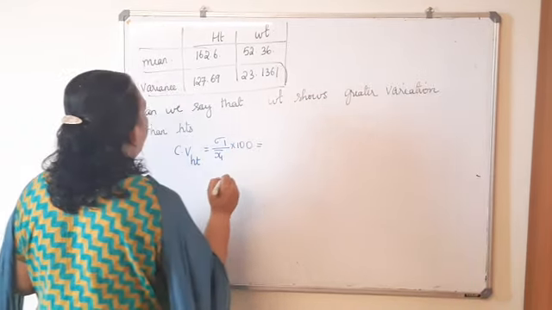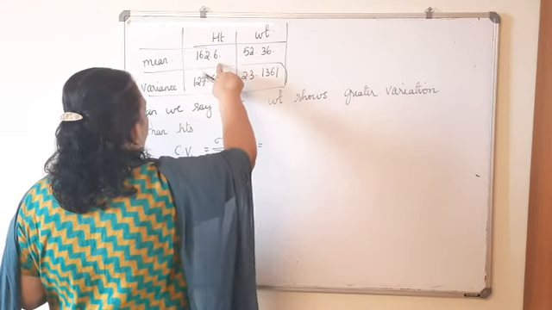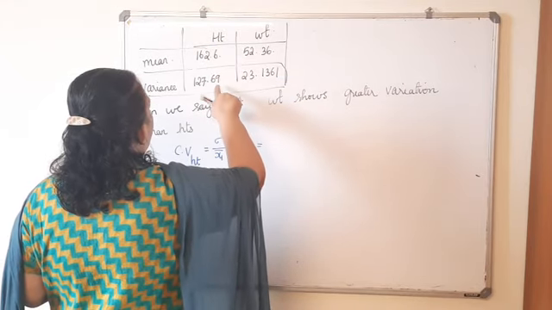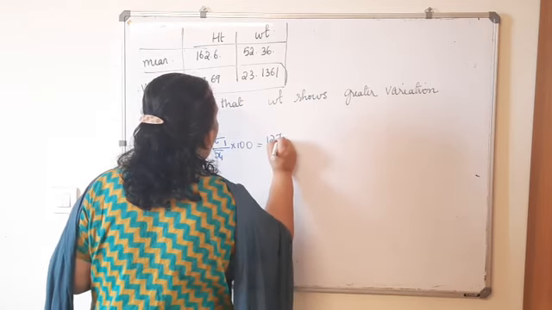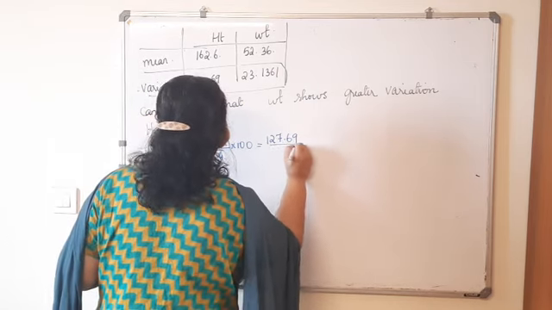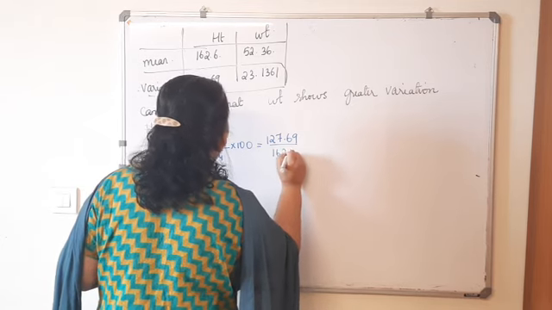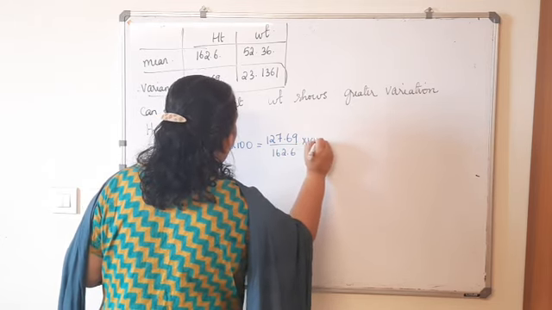For height, the mean is 162.6 and sigma 1 is 127.69, so 127.69 divided by 162.6 into 100.